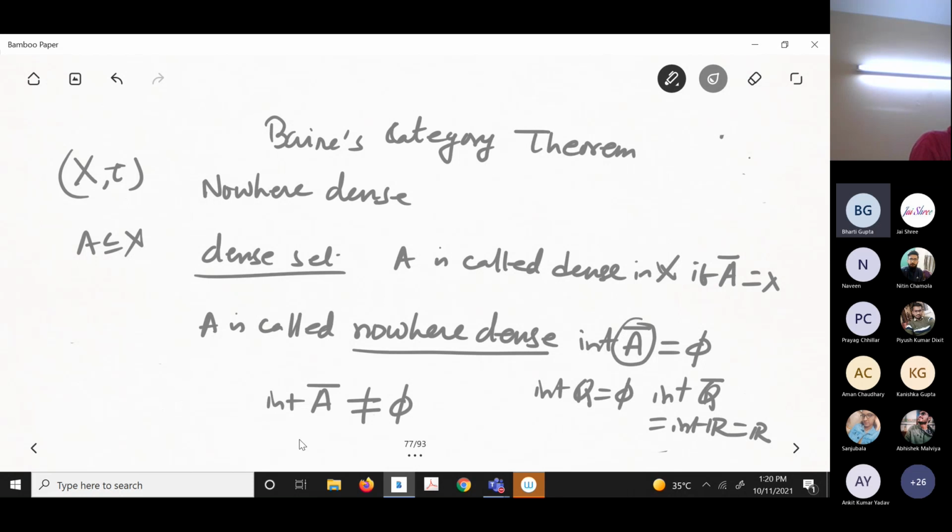Now proposition 4.1, I have given basically the alternate equivalent characterizations. A is nowhere dense if and only if it follows from the definition.